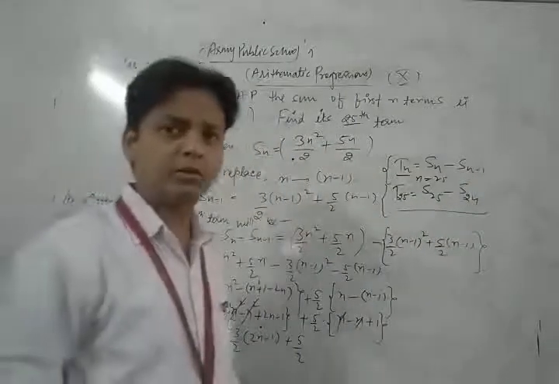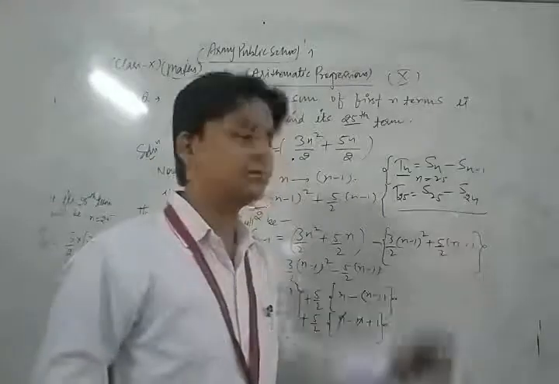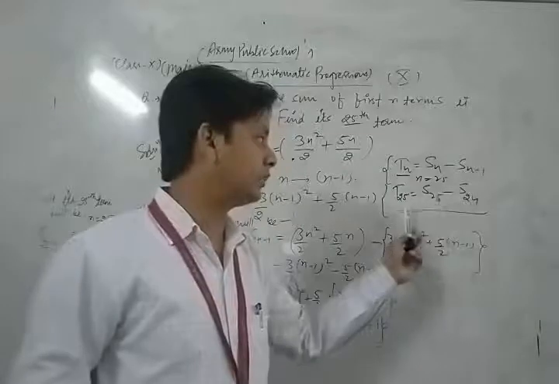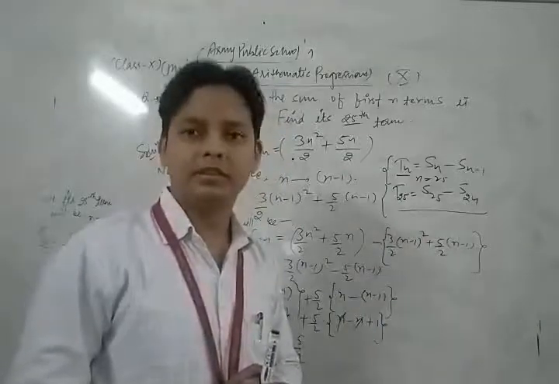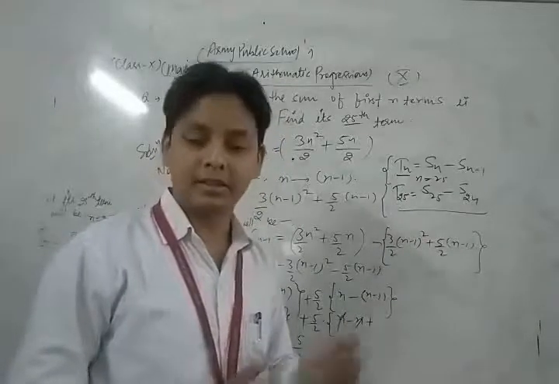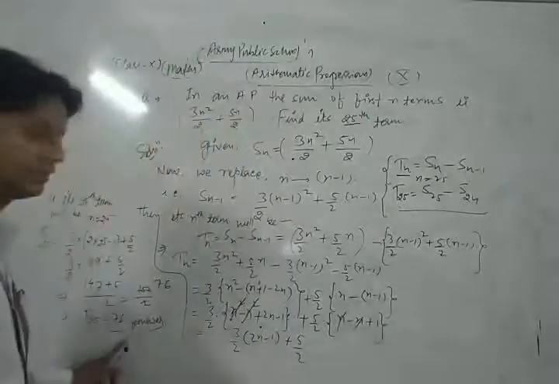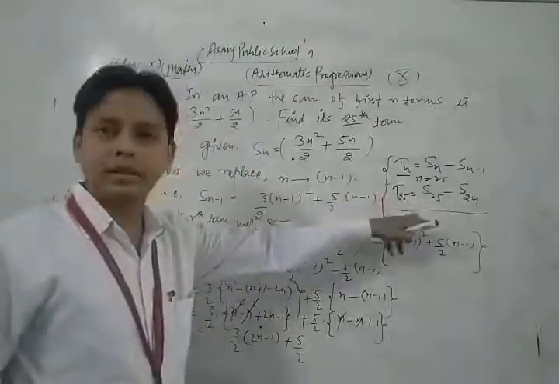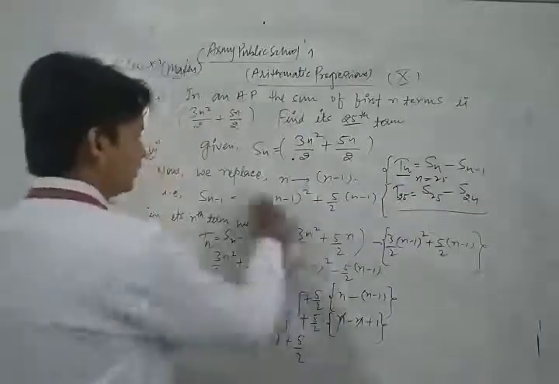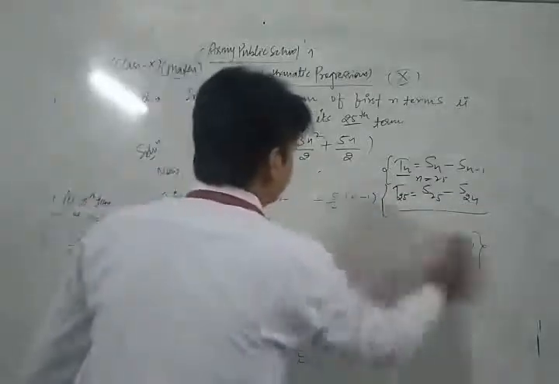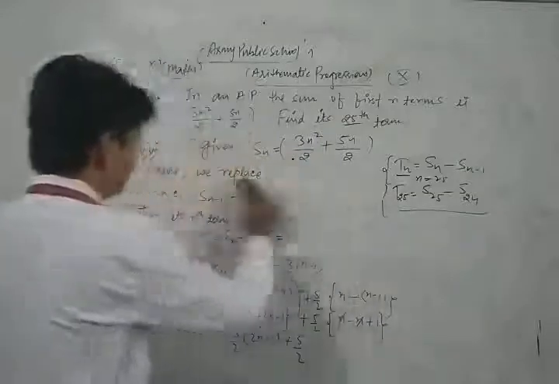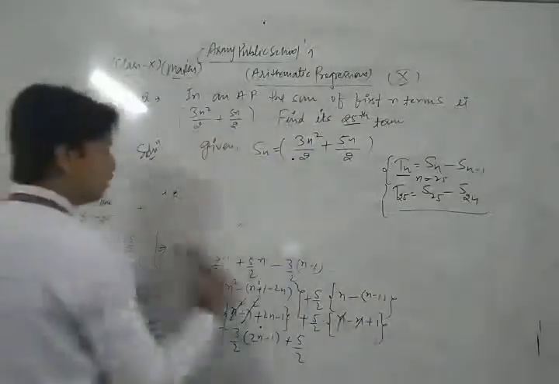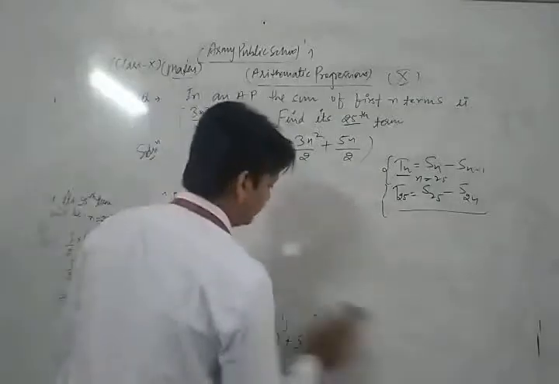If we find the sum of 25 terms and the sum of 24 terms, and subtract them, we get our result as the 25th term. The answer is 76. Now we solve that question according to that concept. This is another method to solve that type of question, and it is a very shortcut method.